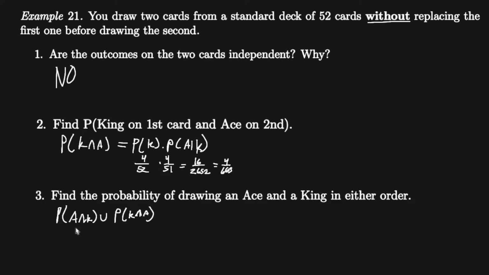So we can say that's either king, ace, or ace, king. So we can use the equation from the last problem, A and K, which is 4 over 663 plus another 4 over 663, which is equal to 8 over 663.